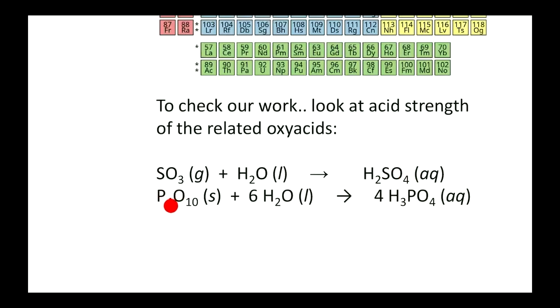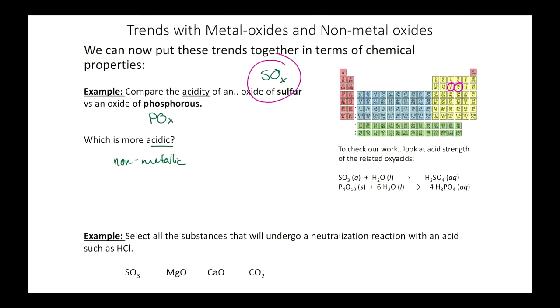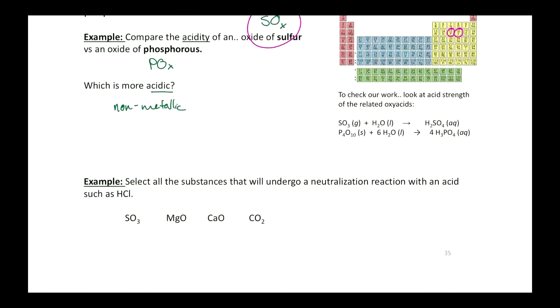Here's an oxide of phosphorus. We add water, we get that. What kind of acid is H2SO4? It's a strong acid. How do you know it's strong? It's one of the 7. Is H3PO4 one of the 7? What kind of acid is it? Weak. Does that match what we said? Yes, it does. Oh, do you hate that? Or do you love it? Okay, all right. I won't probe you too hard.